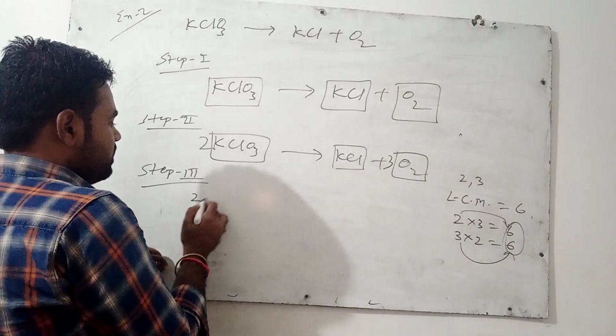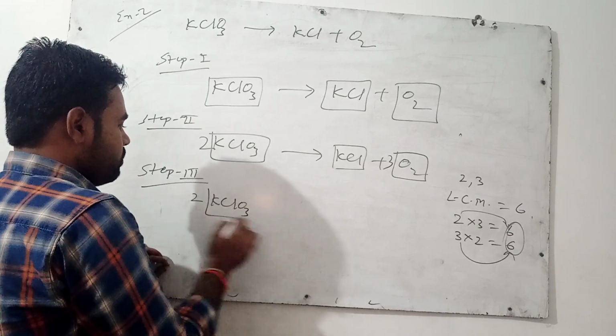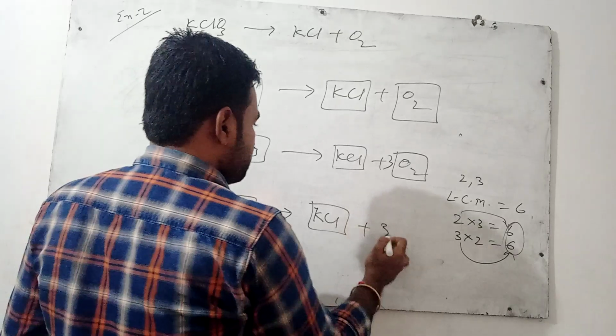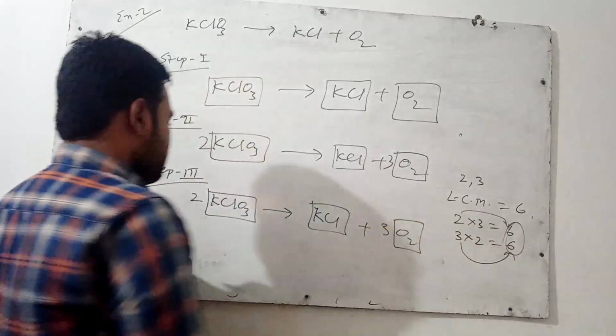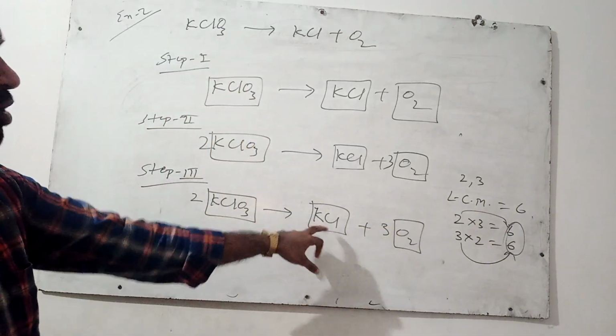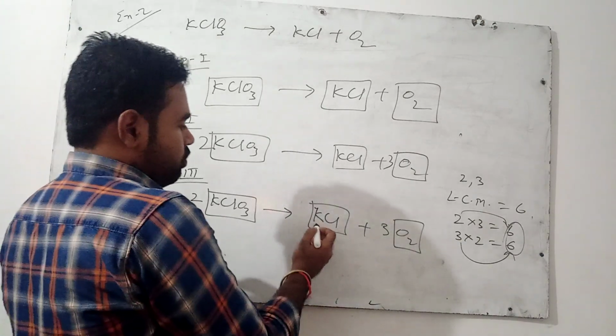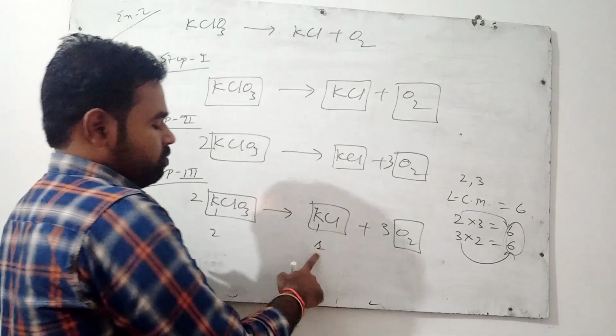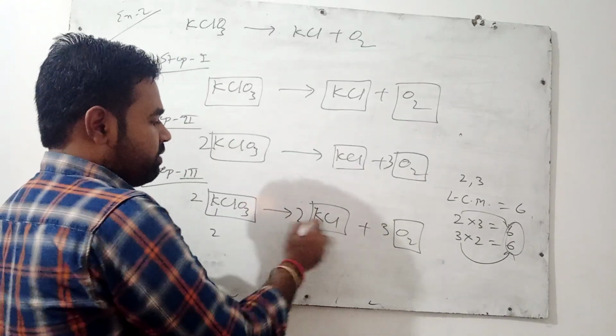So to balance that, what do we have to do? 2 KClO3 gives KCl plus 3O2. Here 2 potassium atoms are there, here 1. To balance it, 1 should be multiplied by 2.